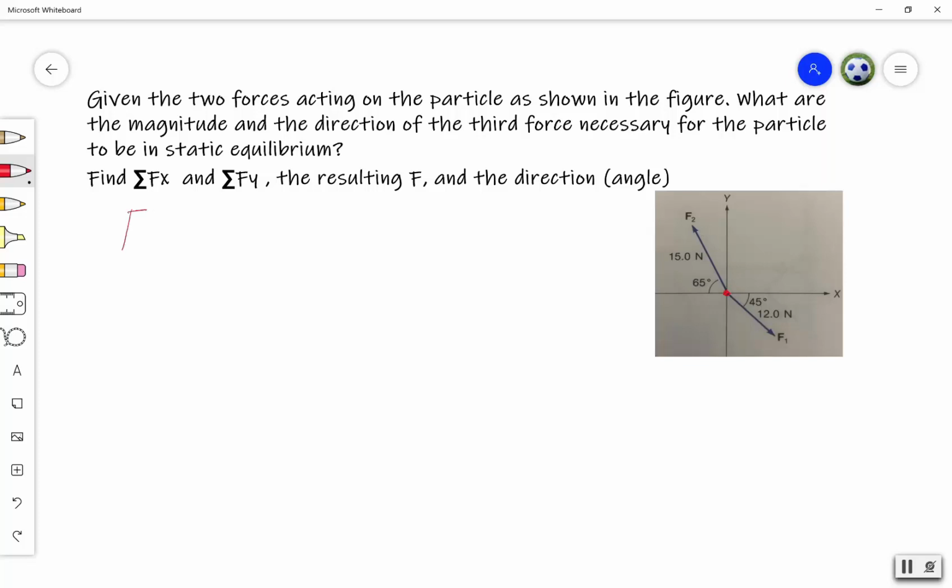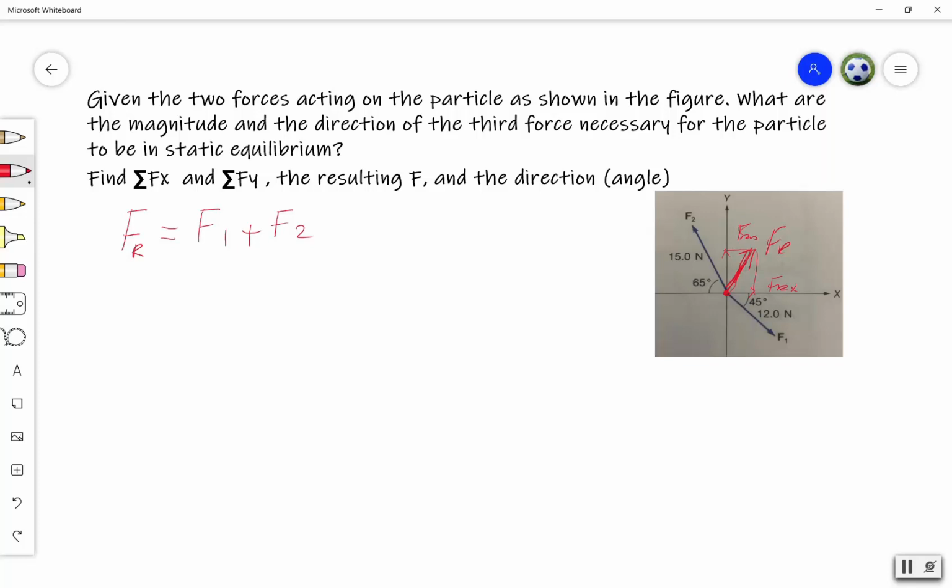Basically, we have to find F, big F. Let's put resultant. F resultant equals the sum of F1 plus F2, because we have only two forces. Maybe the force will be somewhere here, and this is the resultant force Fr, that has, of course, two components, Frx and Fry.